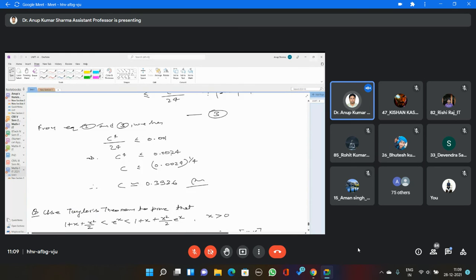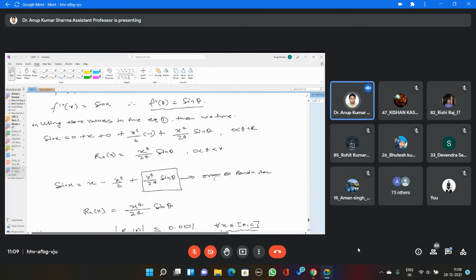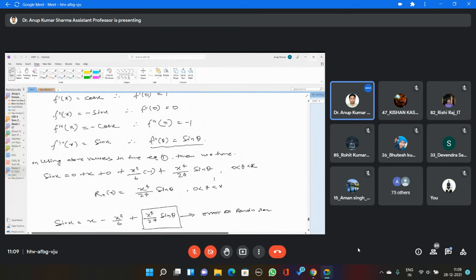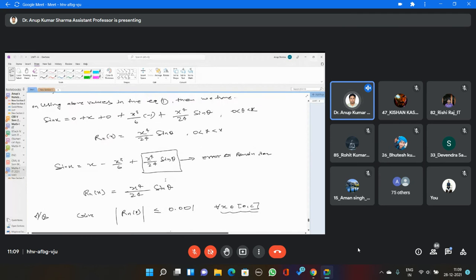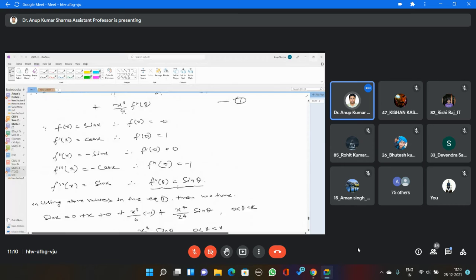See, in the last problem, 3 degree was written, so we write 3 degrees there. In the last problem it is mentioned R3, so R3 contains the 3 degree, x to the power 3, sorry, x to the power 4. It is mentioned in the question.